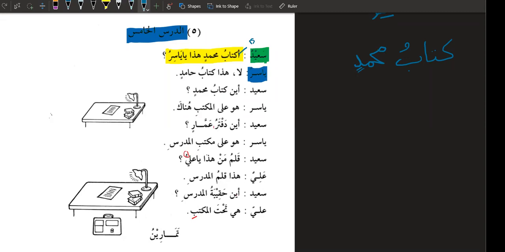The first one, كتاب محمد, literally translates as Muhammad's book. We don't say Muhammad Kitab. If we were to say Muhammad Kitab, then that translates as Muhammad is a book. So if we want to say it belongs to, we say Kitabu Muhammadin.